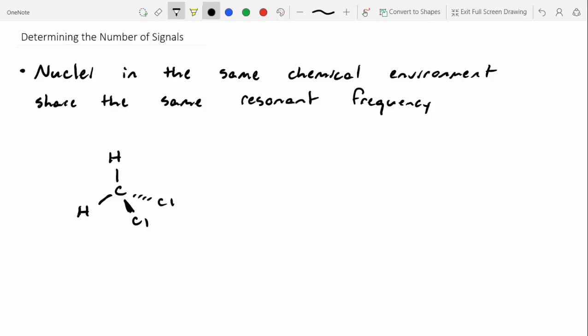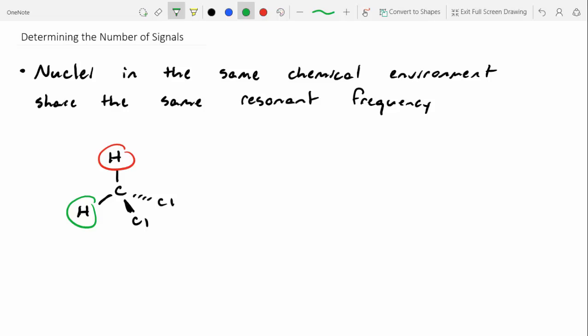What do you guys think? Can you ask that question again? So if we're looking at this proton in red and this proton in green, are they in the same chemical environment? Meaning, if you're looking around as the red proton, do you see the same exact environment as the green proton if it were looking around?